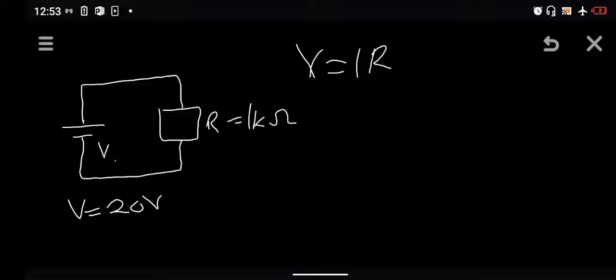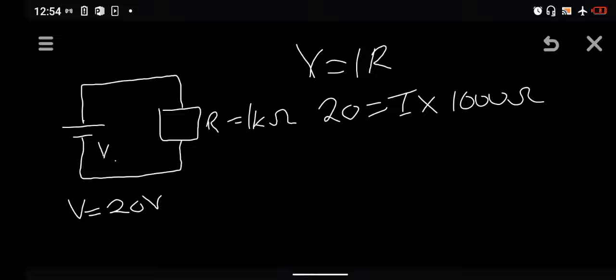So when V is 20 volts, we have 20 volts equals the unknown I times the resistance, 1000 ohms. So we make I the subject of the formula.